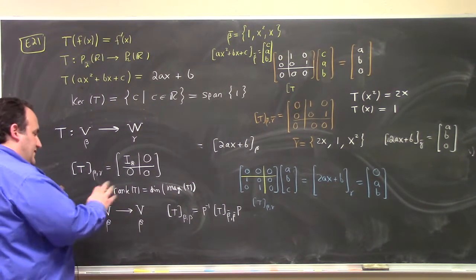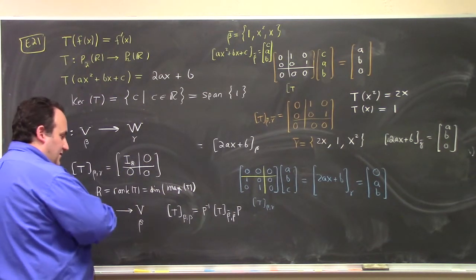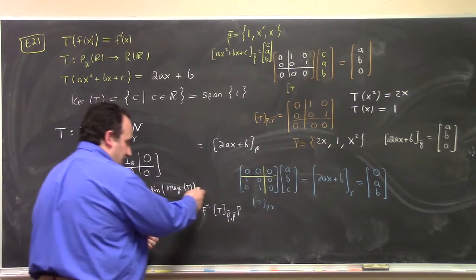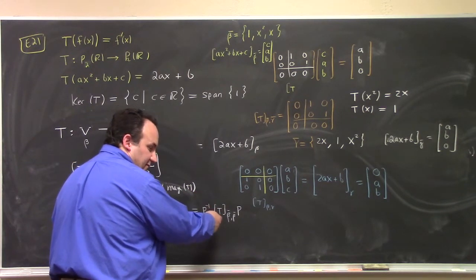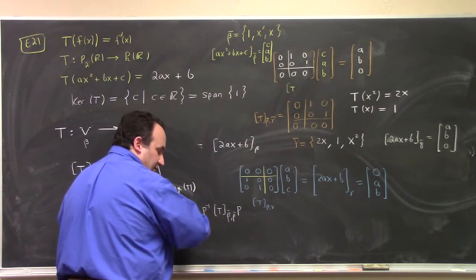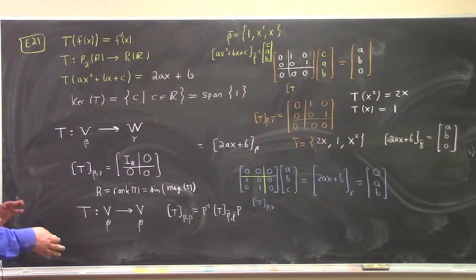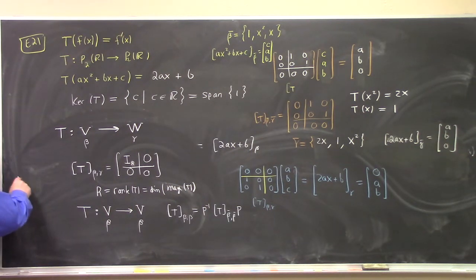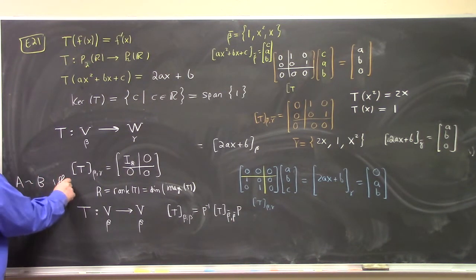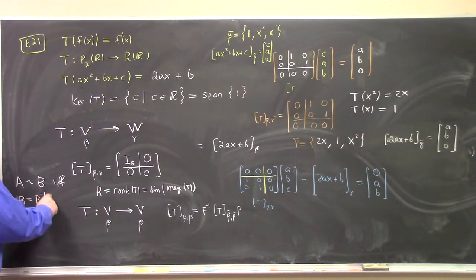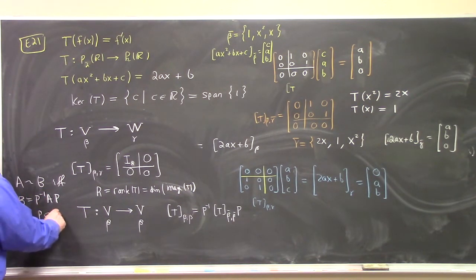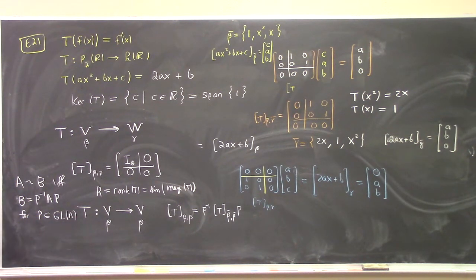Suppose you have a fixed basis, but you have two different transformations, T1 and T2. You could say that they're really just different coordinate versions of the same formula if they were similar matrices. So the question becomes, how do you judge whether or not two n by n square matrices are similar? We say A is similar to B if and only if B is P inverse AP for some P in GL_n, the invertible n by n matrices.